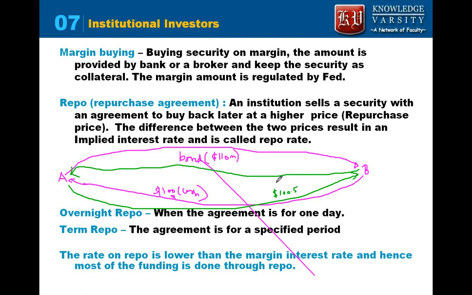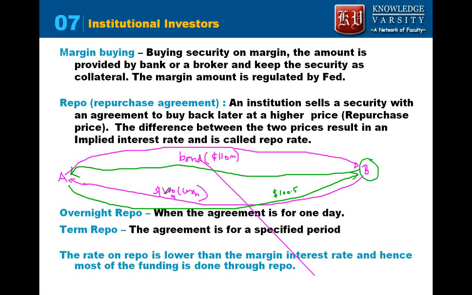So A sold the bond to B and got some money. Second step, A gave B an amount higher than this amount and got its bond back. This 0.5 is the difference, the interest that B has received from A for 1 month.